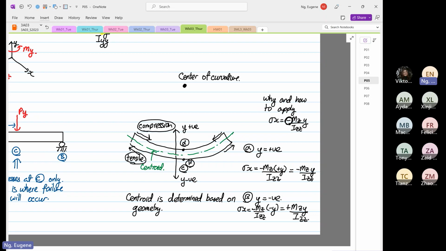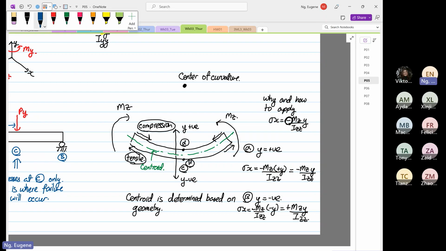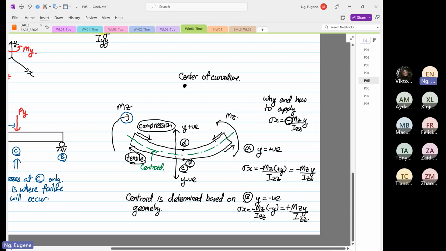pointing towards the center of curvature is positive, pointing away is negative. Another way to remember is this, the easier way. We know to induce bending in that direction, our moment at both ends, so these are our moment vectors, at both ends, the moment vectors will act in this direction. The rule that I've created is the head of the moment vector is going to go to what? Compression.